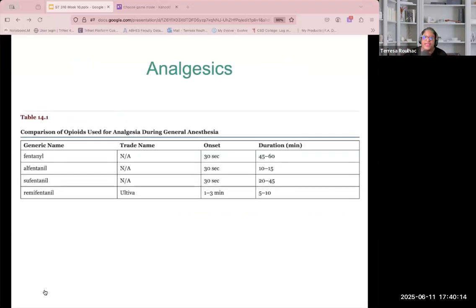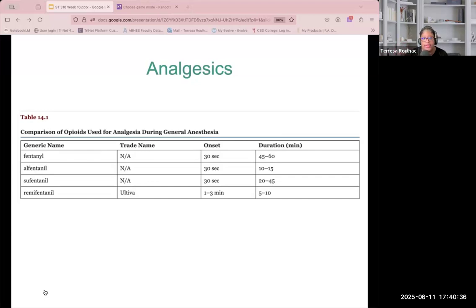I'm going to provide the chart as well in the archive area, just so you guys can have it. These are opioids. Okay, morphine. We do use codeine and cocaine, believe it or not, in the operating room for different things. Those are our natural opioids, morphine and codeine.